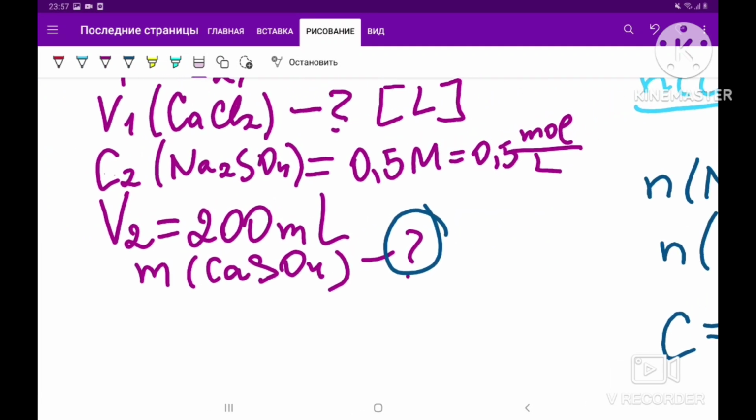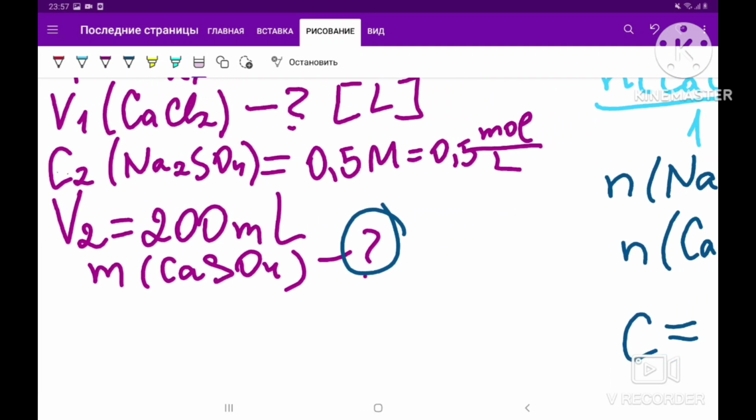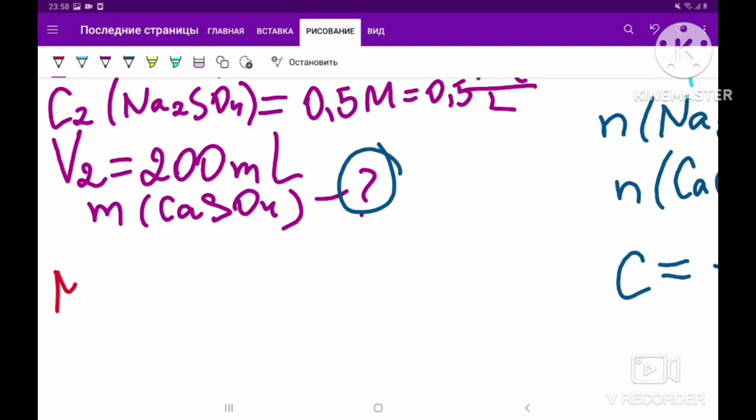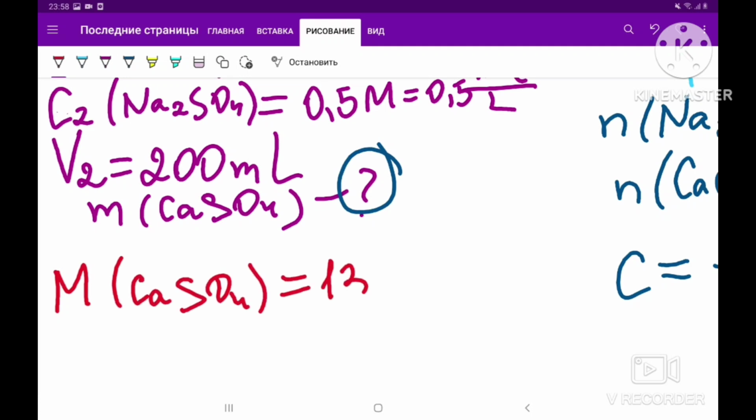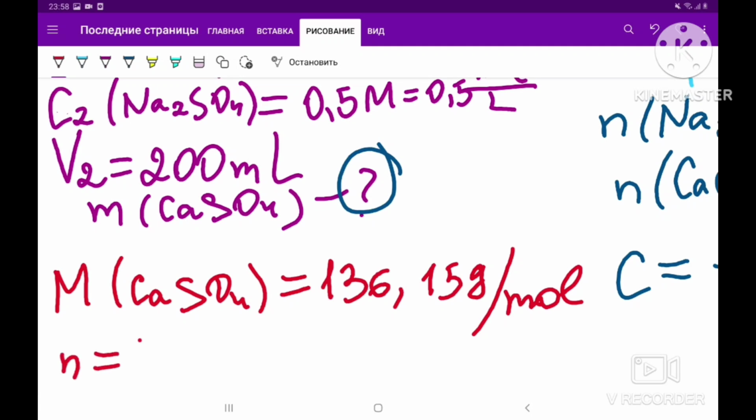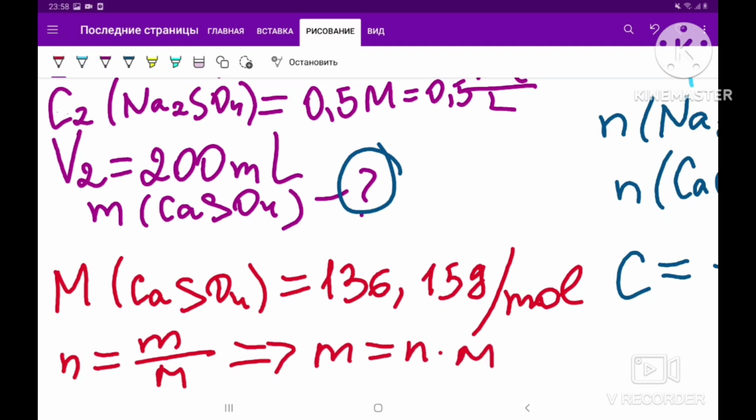For finding the mass, we can use again the number of moles and its molar mass. The molar mass of calcium sulfate is 136.15 gram per mole. Number of moles equals mass divided by molar mass. So mass will be the number of moles multiplied by the molar mass.